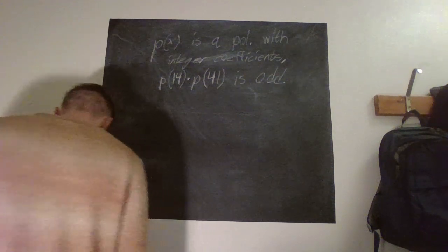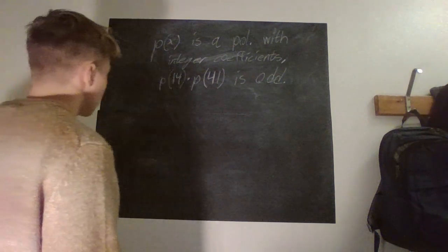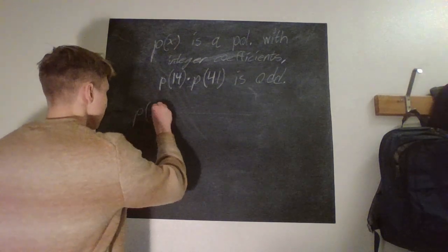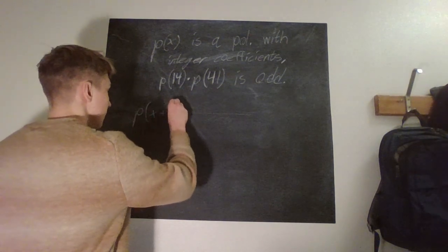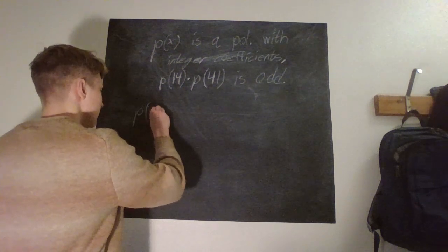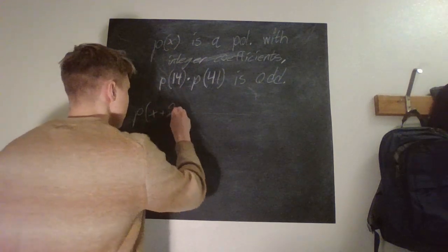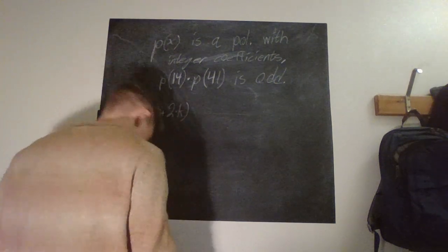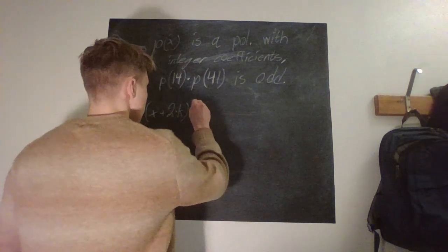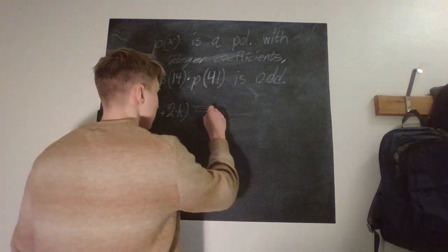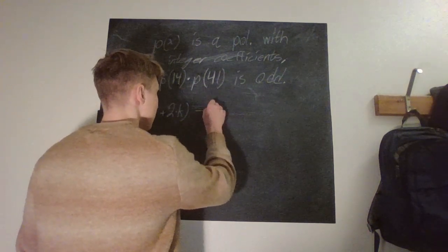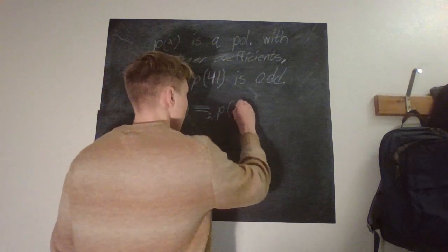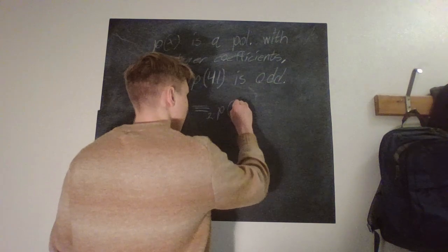So if we can just prove that p of x plus 2 times any integer k in modulus 2 is just p of x, then we would be done, right?